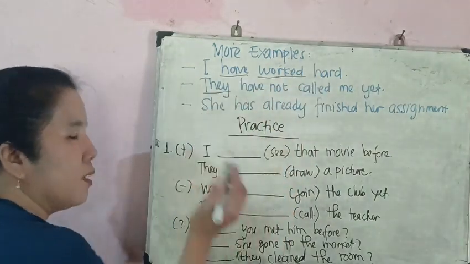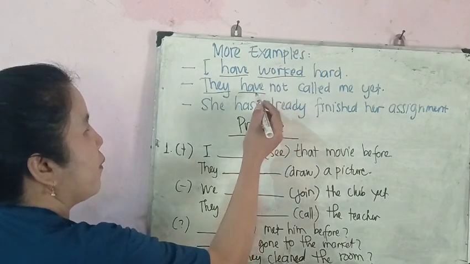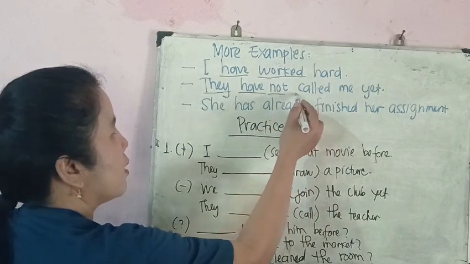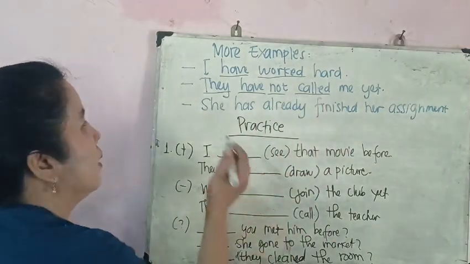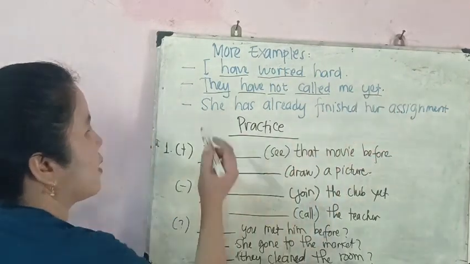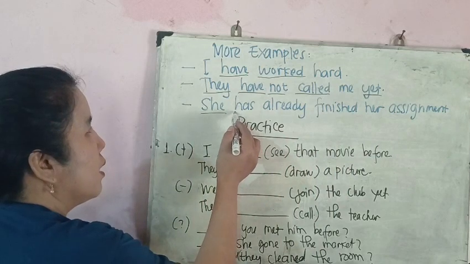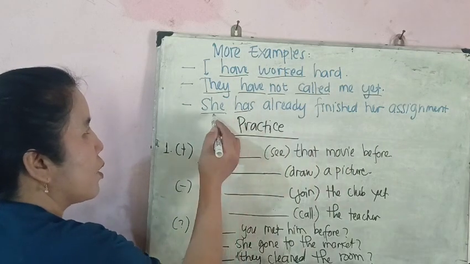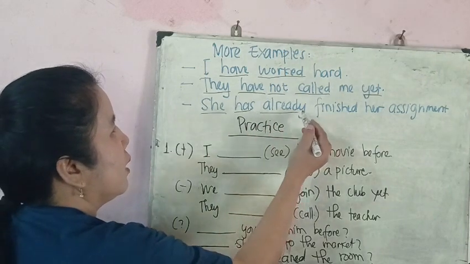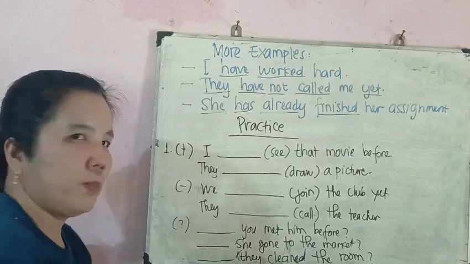They is subject, have is helping verb, because the subject is they, and we put not in negative sentence, and this is past participle. Here the adverb of time, we use yet. She has already finished. She is subject, has is helping verb, because the subject is she, and already is the time expression, and this is past participle.